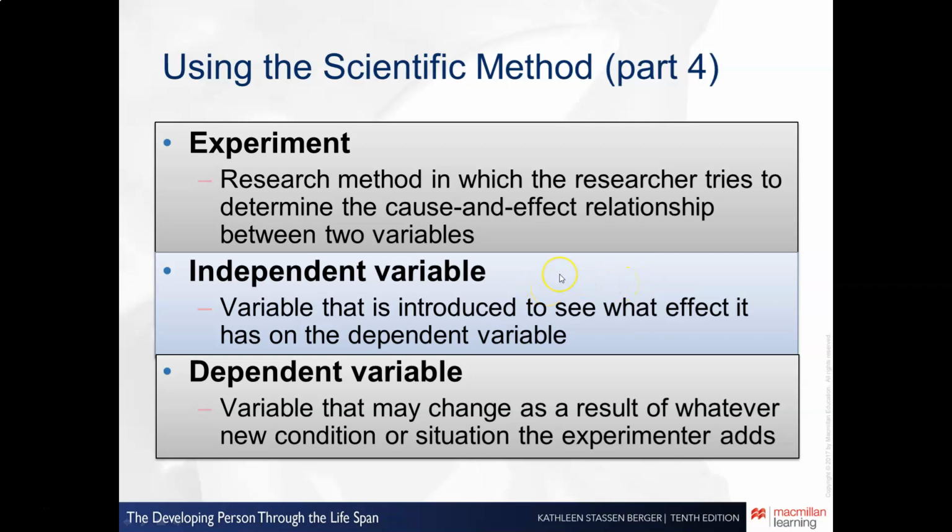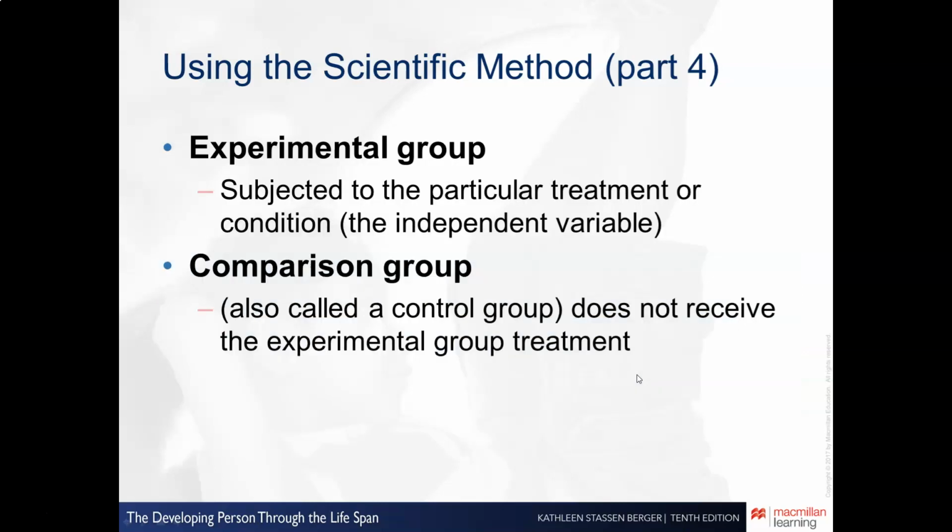And so the scientist may say, okay, well, this group of people will receive 200 milligrams, whereas this group of people will receive 400 milligrams, et cetera. And then the researcher will measure the effects that it has on the dependent variable. And the dependent variable in this instance would be the depression. I hope that explanation helps.